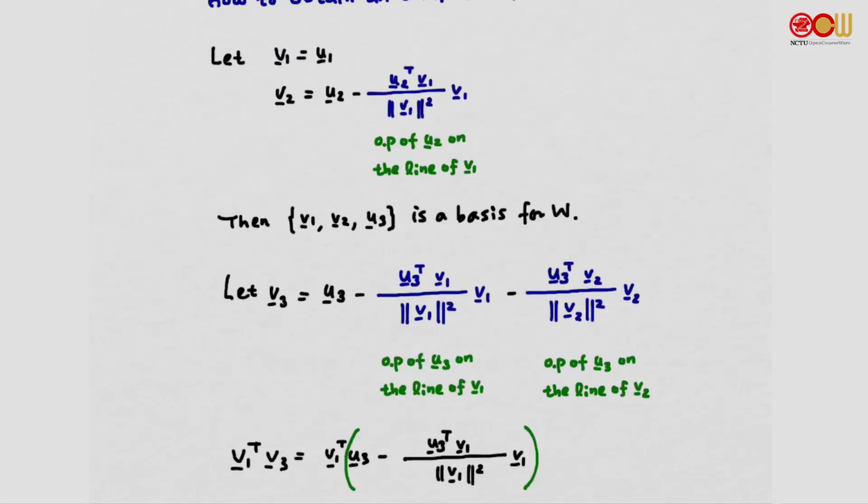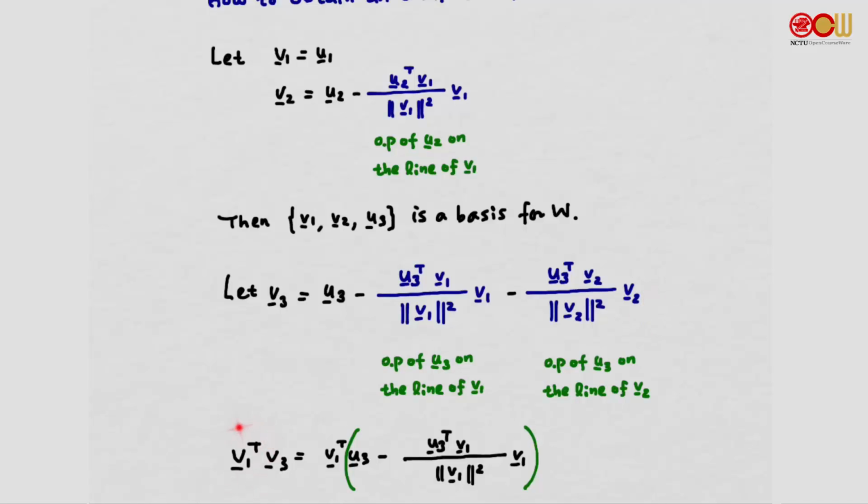Now let's see if the V3 that we have so defined is orthogonal to V1. So let's multiply V1 transpose on both sides. Then on the right hand side, in the bracket we have U3 from here, and we have this term from here. How about the last one? The last one is gone. Why?